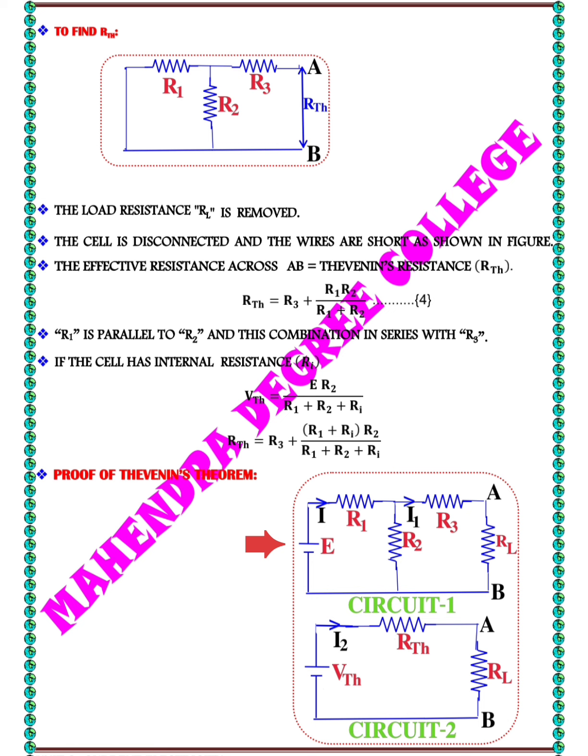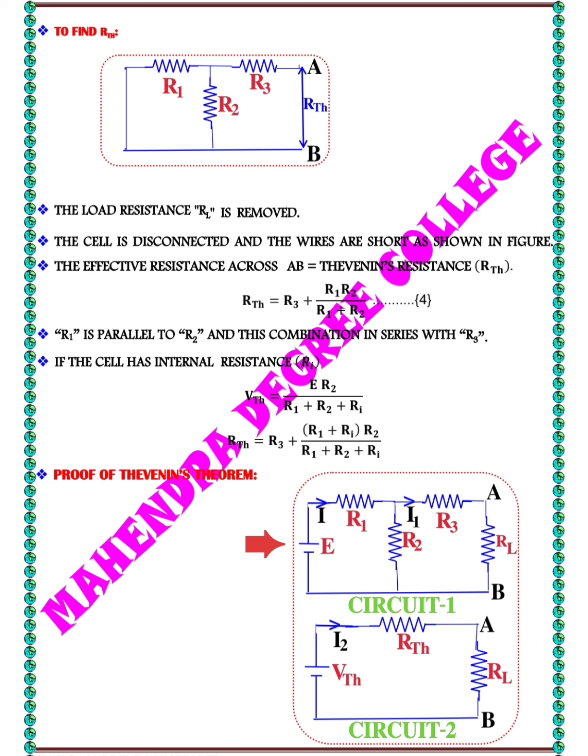R3 represents a resistor in series with the output or load section. RL represents the load resistor connected between terminals A and B.